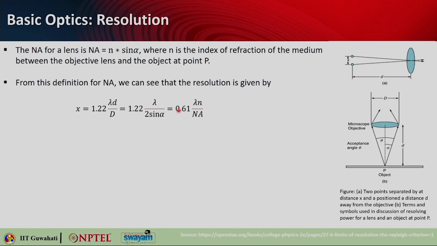So, for a given lens, if NA is known, the refractive index of the medium in which you are imaging is known, and the wavelength is known, you can find out the minimum distance that has to be there between the two objects to be identified separately, or resolved. So, this is the final answer, the resolution of that particular lens: x equals 0.61 lambda n over NA.